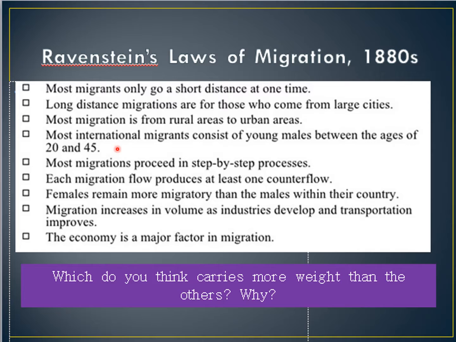Most migrations proceed in step-by-step processes. Each migration flow produces at least one counterflow. Females remain more migratory than males within their country. Migration increases in volume as industries develop and transportation improves. The economy is a major factor in migration.